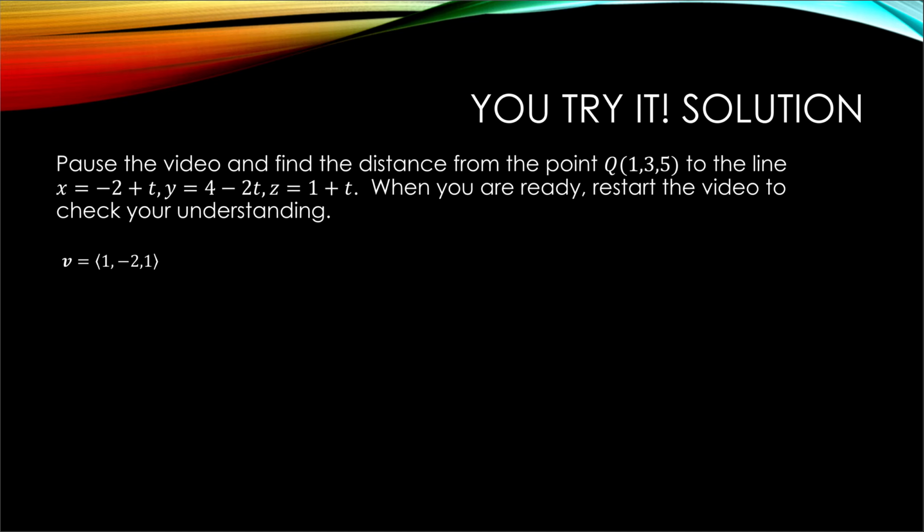My PQ vector is given by subtracting the constant terms in my x, y, and z parametric equations from the coordinates of x, y, and z in my point Q. So my PQ vector is given by the vector with components 1 plus 2, 3 minus 4, and 5 minus 1. This gives me a vector with components 3, -1, and 4.